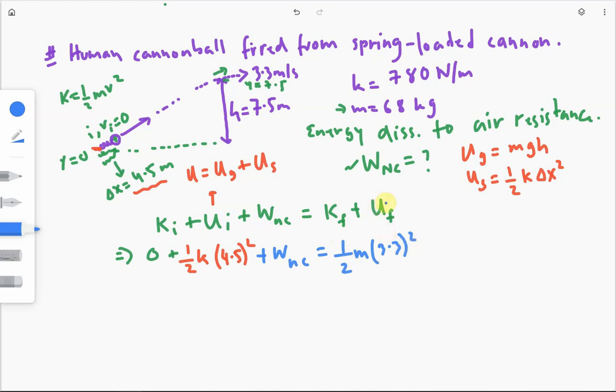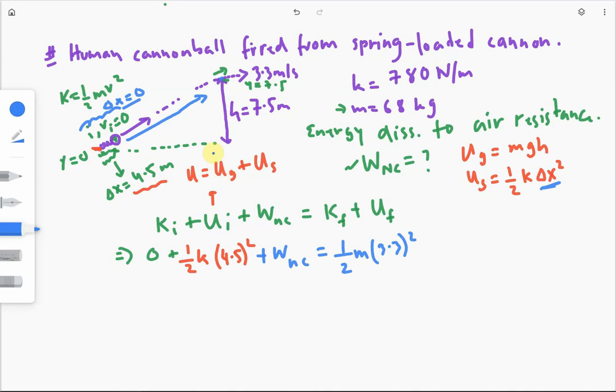And then what is the final potential energy? Now at the final point, the spring has already let the person go and the person reaches this final point. When the spring lets the person go, the spring goes back to its original length. As it goes back to its original length, there is no compression or extension. It just is at equilibrium length. That means the displacement away from original length is zero, so the spring potential energy is zero.